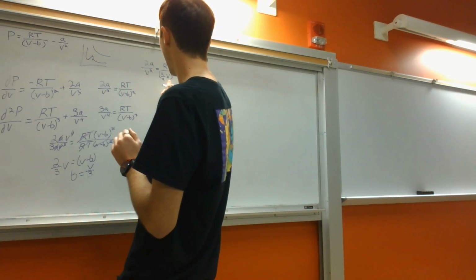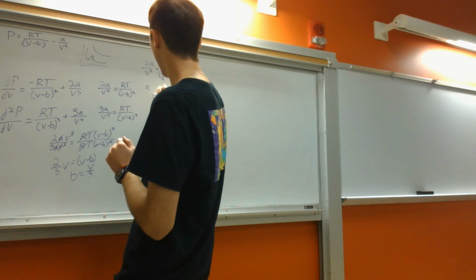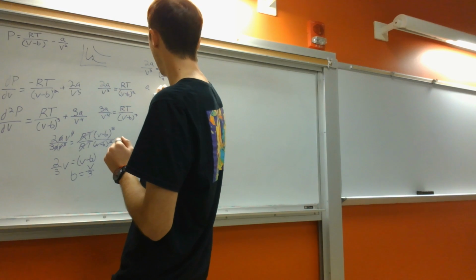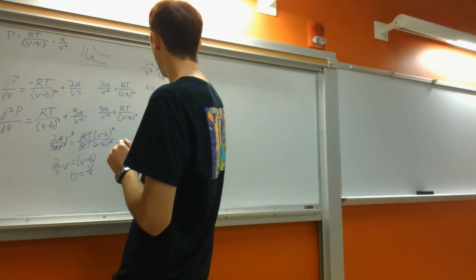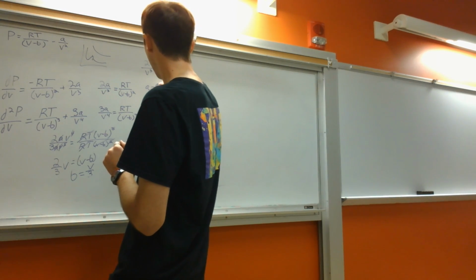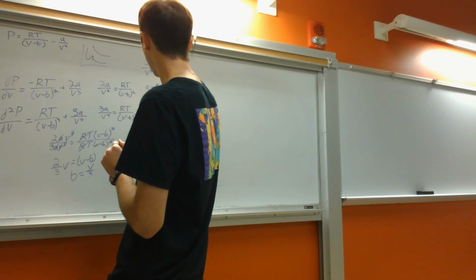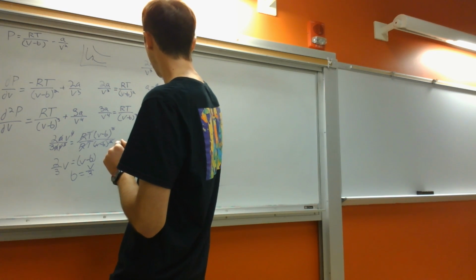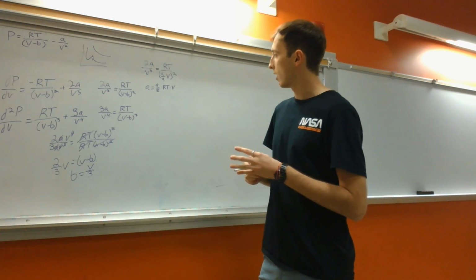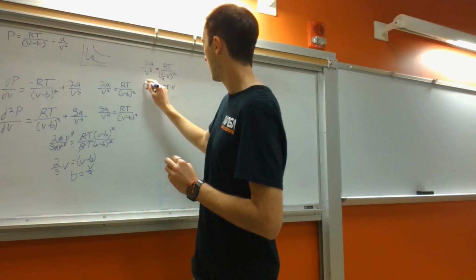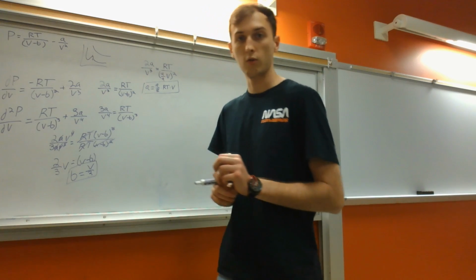Now we can pull A out of this, and we have A is equal to 9 over 8 times RT times V. All right, so now we have A and B solved for our critical values.